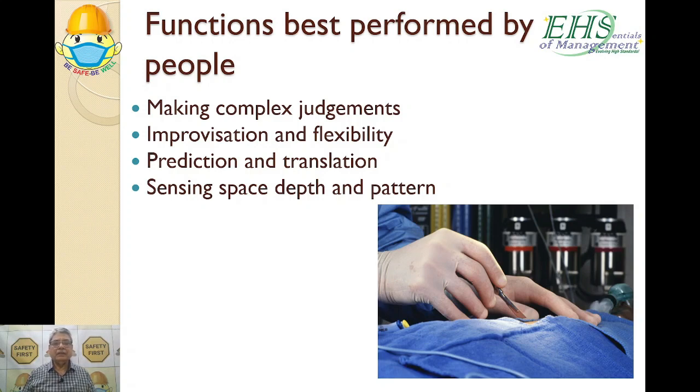Sensing space, depth and pattern: we have three-dimensional vision, so we can look into the depth and the three-dimensional pattern. There are now machines which can read the product or the job in 3 dimensions, but the human brain can sense space, depth and pattern better than a machine.